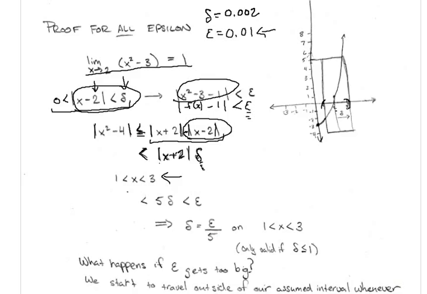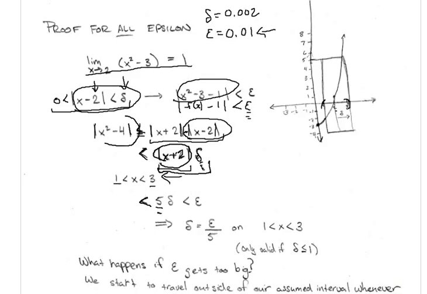So let's say that x was between 1 and 3. The most that the absolute value of x plus 2 could be in the interval of 1 to 3 is 5. So we can replace x plus 2 with 5, because it can't be any more than that. So whatever this whole thing is, it has to be less than 5 times delta.